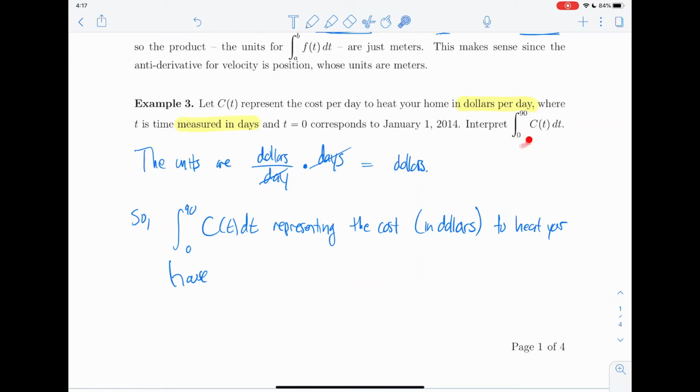Well, if 0 corresponds to the beginning of the year in 2014, 90 is going to correspond to 90 days into 2014. So this definite integral is actually computing the cost in dollars, not just to heat your house whenever you want, but to heat your house for the first 90 days of the year 2014.